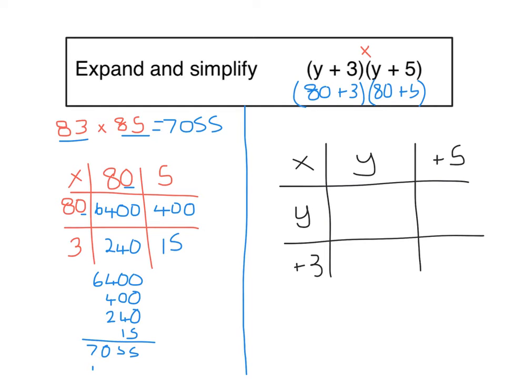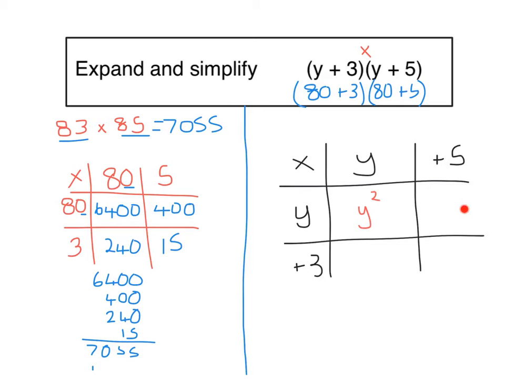Now I have put the add symbols in there just to show that they're positive. It's really useful when they're negative, and I'll show you a question like that in a second. Okay, so this box here is y times y. Now remember, that's y squared. 2 times 2 is 2 squared, 3 times 3 is 3 squared, y times y is y squared.